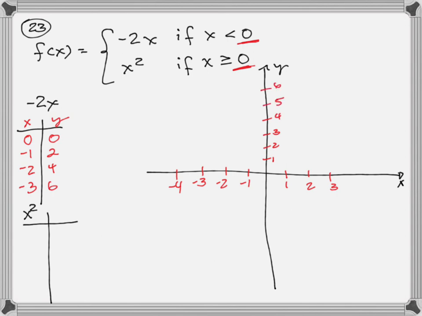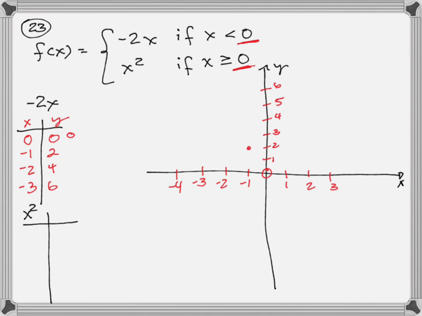So can everybody see what I'm doing? I'm using the first function, negative 2x, and I'm making a t-table for the restriction that is given to us. But I've got to start with the 0. And when I plot this point now, the first point, 0, 0, is not included, so I'm going to have to make an open circle here.